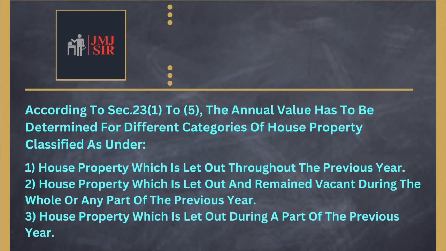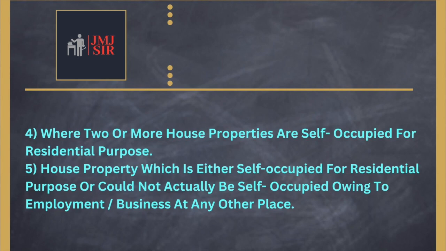House property which is let out during a part of the previous year, where two or more house properties are self-occupied for residential purposes. House property which is either self-occupied for residential purpose or could not actually be self-occupied owing to employment or business at any other place. So, according to the different situations, we have to calculate the annual value of the house property.